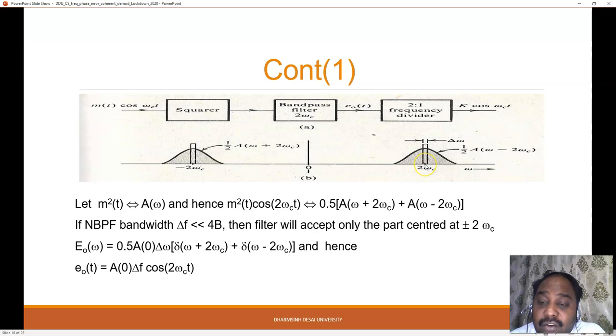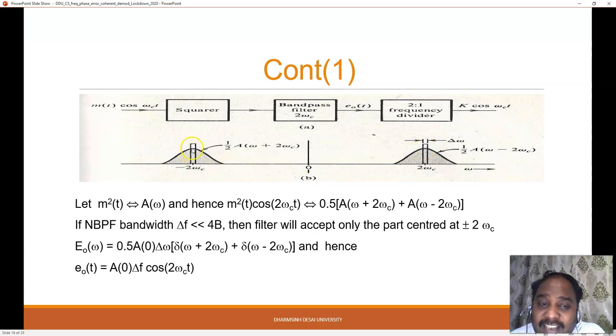So this is centered at 2 omega c, with half A of omega minus 2 omega c and half A of omega plus 2 omega c, and the total bandwidth is going to be 4B. If you take the filter here, centered at 2 omega c with a bandwidth of delta f, which is very much less than 4B, then the filter will pass only this much part of the signal.